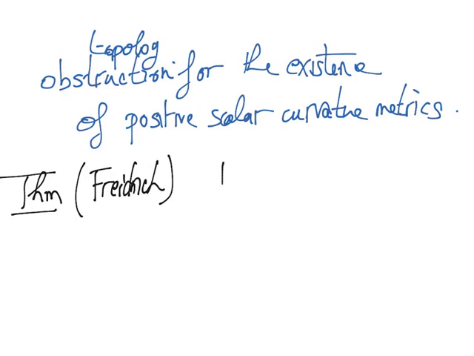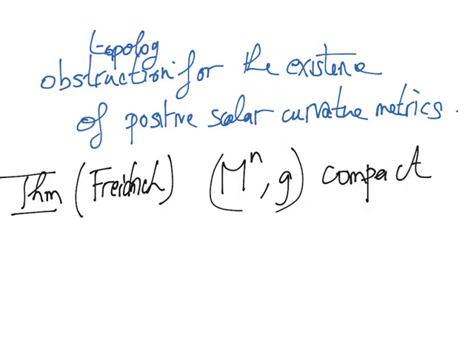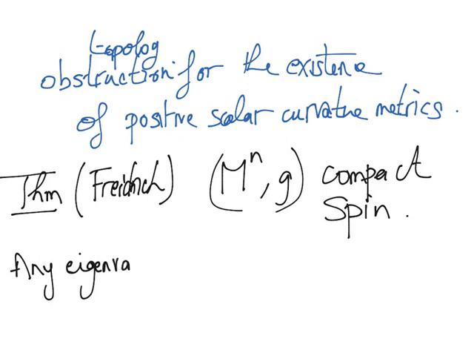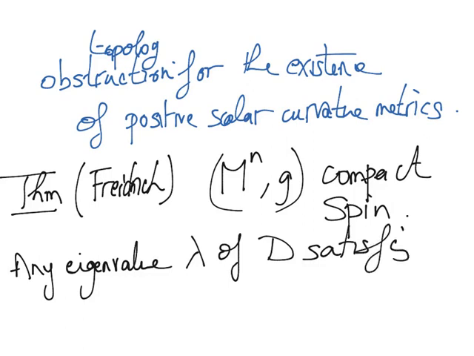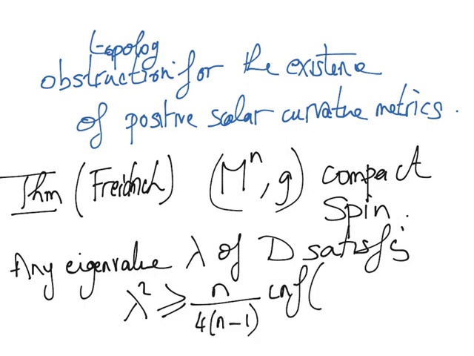So you have a Riemannian manifold which is compact and spin. Then any eigenvalue lambda of D satisfies lambda squared is bigger than or equal to n over 4(n minus 1) times the infimum of the scalar curvature, where n is the dimension of the manifold.